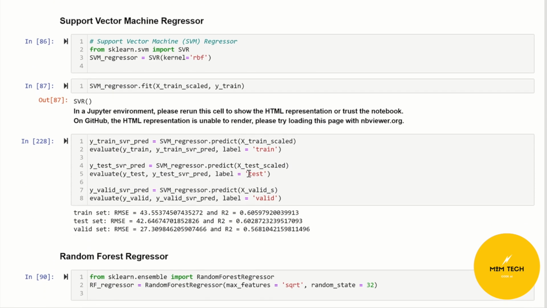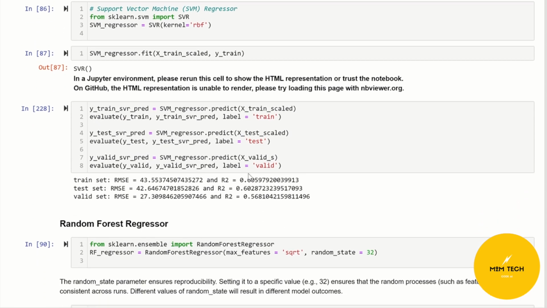And next is the support vector machine regressor. For this support vector machine regressor, the training set R squared is 60%, the test set R squared is 60%, and the validation data set R squared is 56%, which means that on average across train, test, and validation data sets, the SVM regressor model is able to predict 60% of the variability in the data, which is not very good.